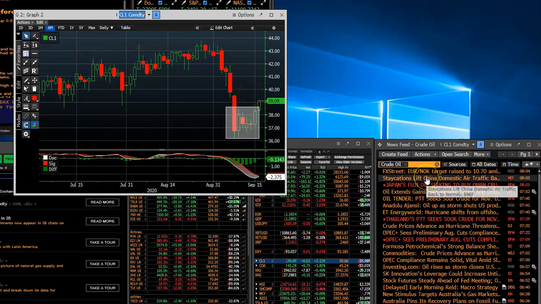When I look at the major headlines with respect to crude oil, the first one says oil extends gains with weaker dollar. Okay, so the gains are pretty much driven by the weaker dollar. Then what else is there?